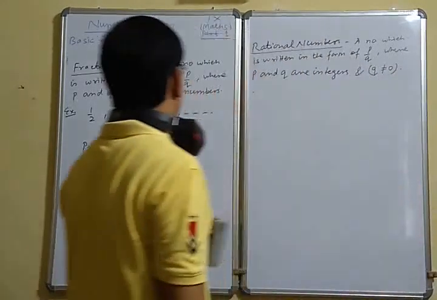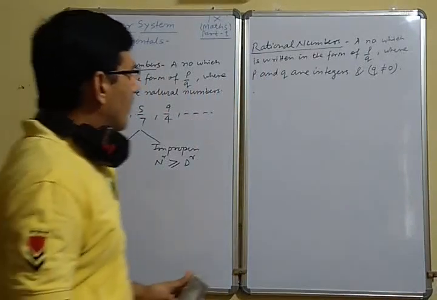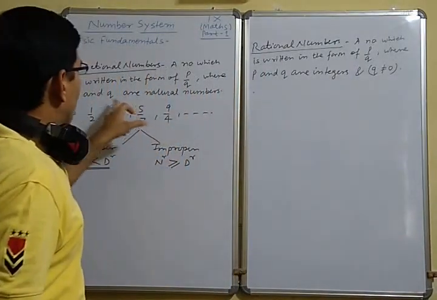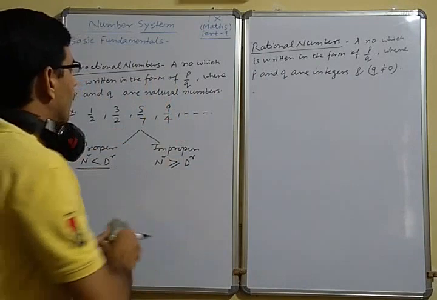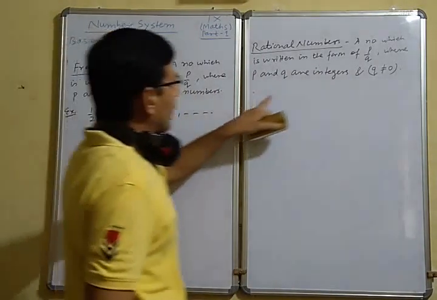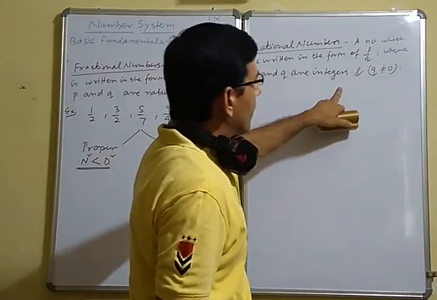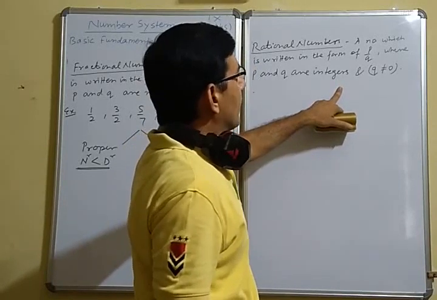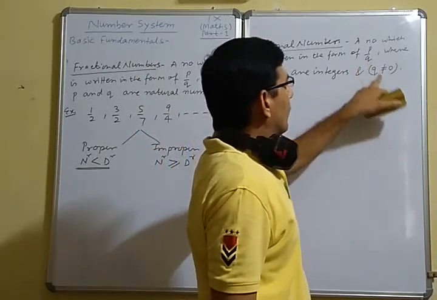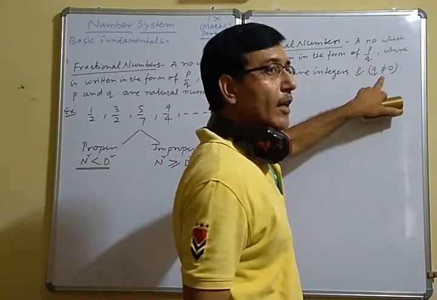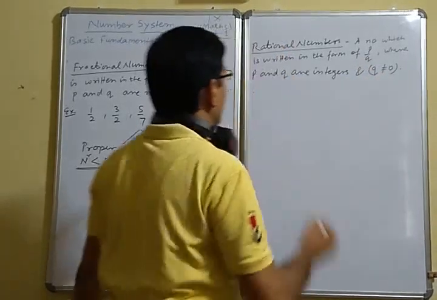Now here you can see there is a little bit of difference between these two. Here P and Q are natural numbers, and here P and Q are integers. So it may be 0. So the condition is the denominator cannot be 0, Q cannot be 0.